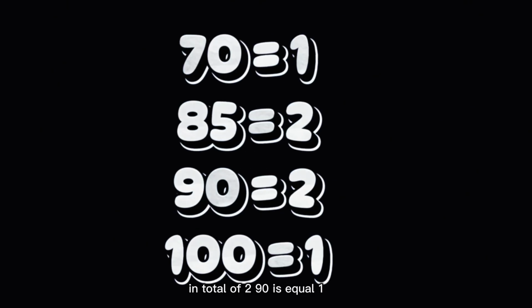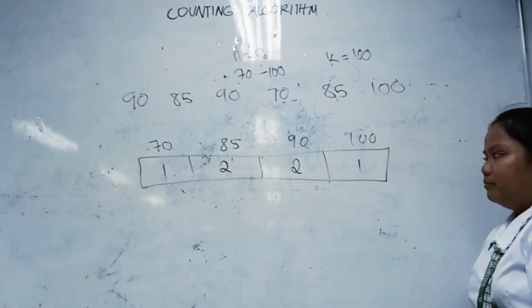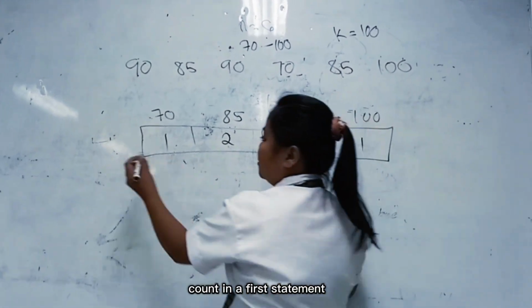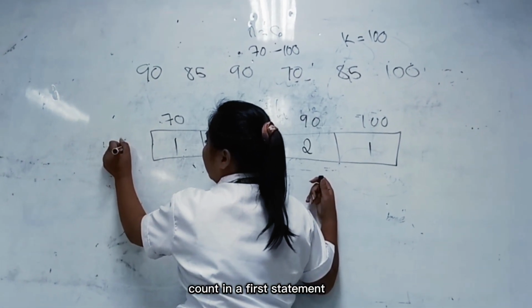So in total 70 gets 1, 85 a total of 2, 90 is equivalent to 2, and 100 is equivalent to 1. Let's put the count in the first statement.